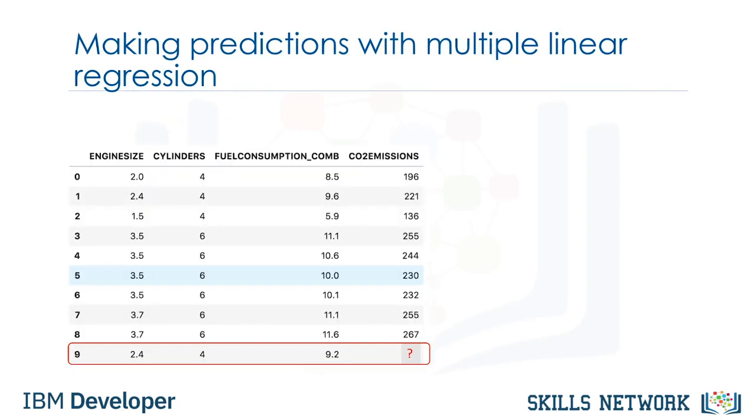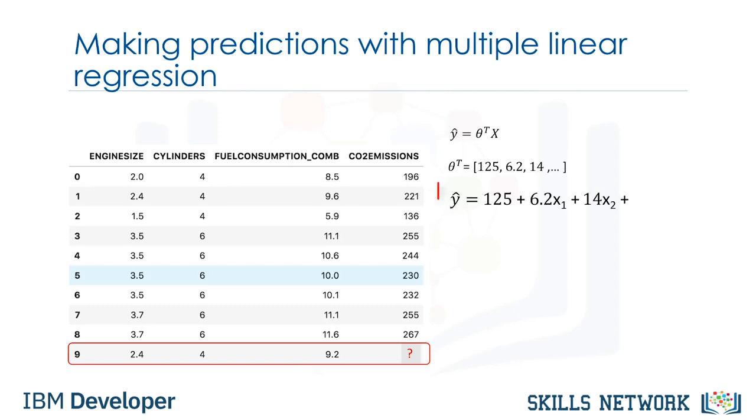After we found the parameters of the linear equation, making predictions is as simple as solving the equation for a specific set of inputs. Imagine we are predicting CO2 emission, or Y, from other variables for the automobile in record number 9. Our linear regression model representation for this problem would be y hat equals theta transposed x. Once we find the parameters, we can plug them into the equation of the linear model.